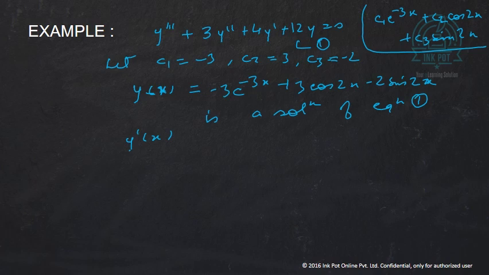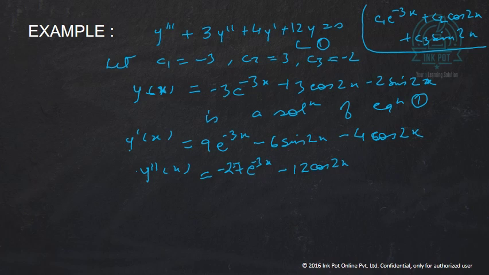So y dash x is equal to 9 e to the power minus 3x minus 6 sin 2x and minus 4 cos 2x, and y double dash x is equal to minus 27 e to the power minus 3x minus 12 cos 2x and plus 8 sin 2x.